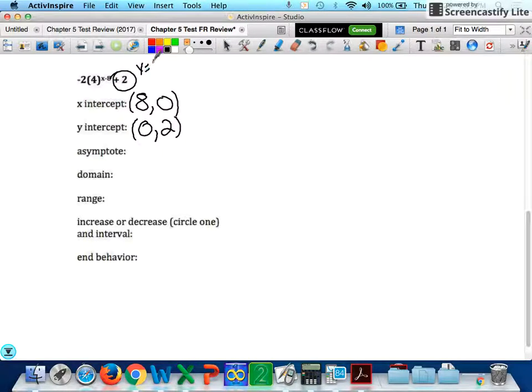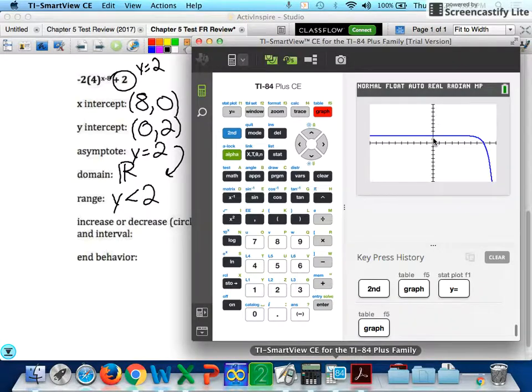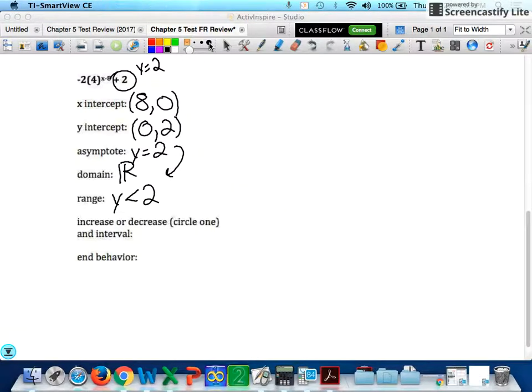So y equals 2 has to be my asymptote. My domain is all real numbers. My range is y is less than 2. My entire graph this time is below my asymptote, okay? So here was my asymptote and everything went down from there. So it's less than that asymptote.